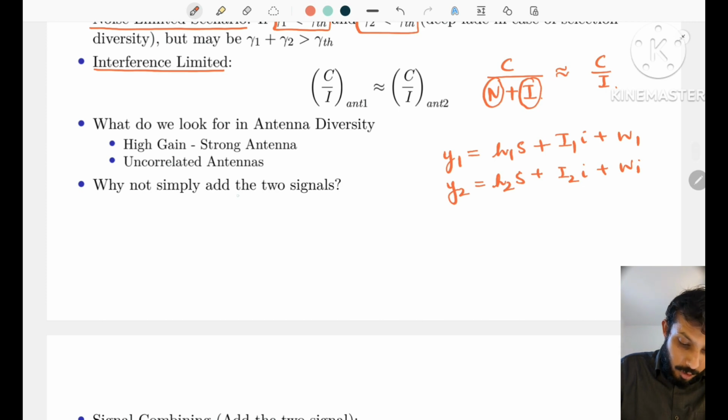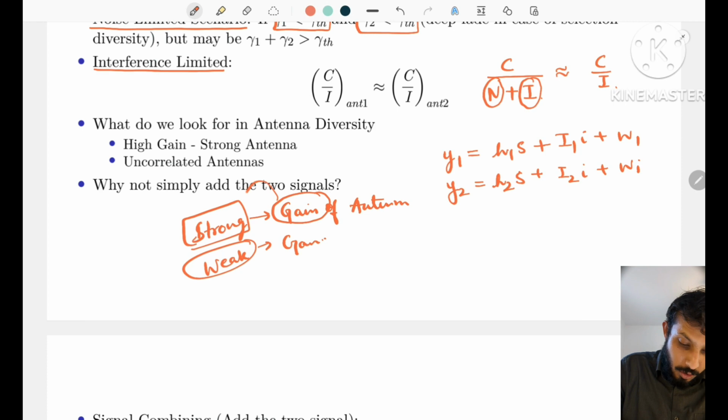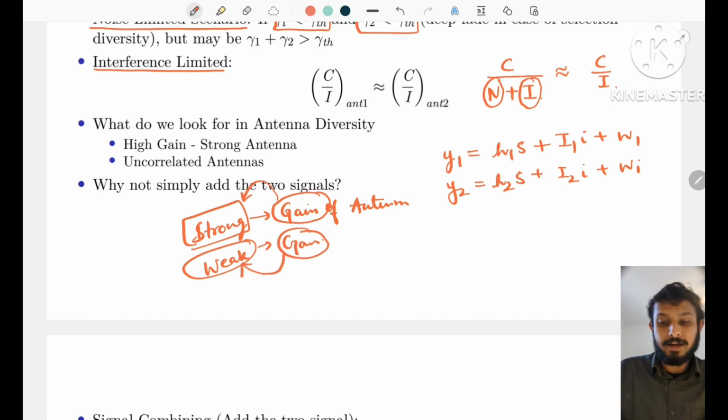When we talk about a strong antenna or weak antenna, what we mean by a strong antenna is the gain of the antenna, and a weak antenna also refers to the gain of the antenna. So if the gain is high, we have a strong antenna, and if the gain is low, we have a weak antenna.